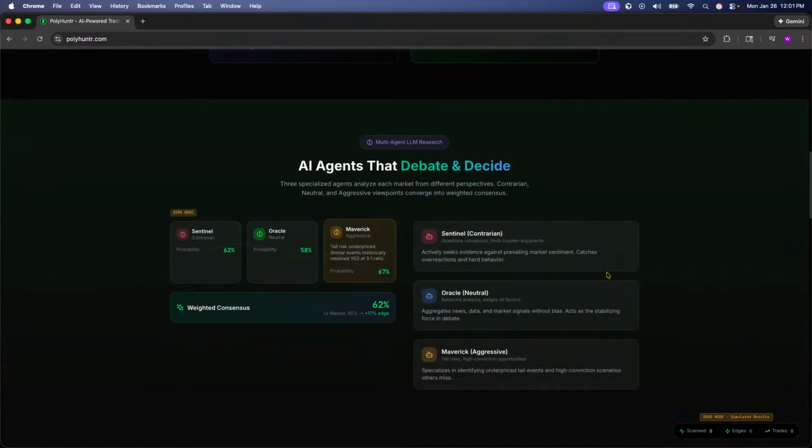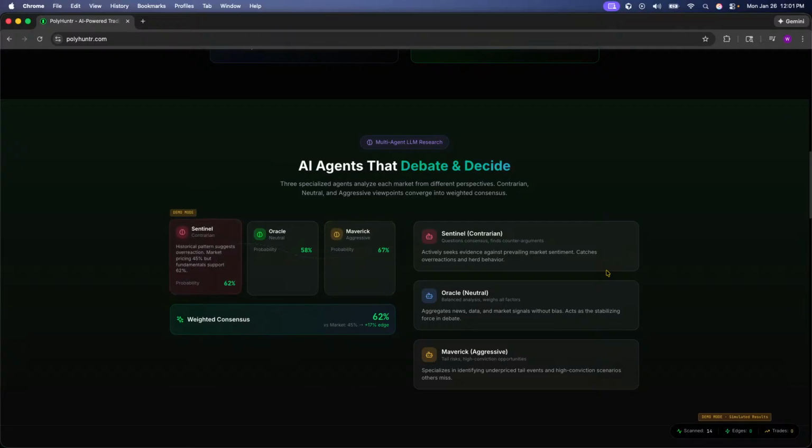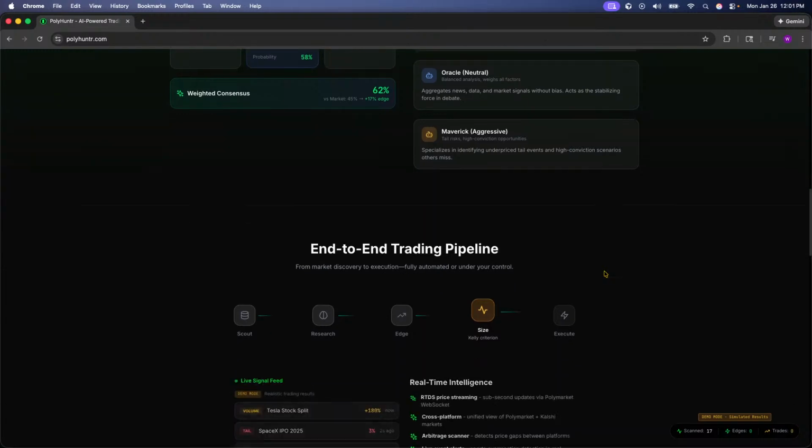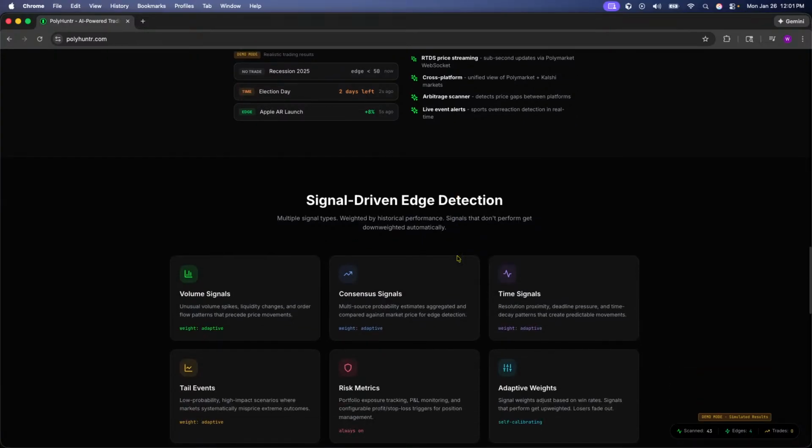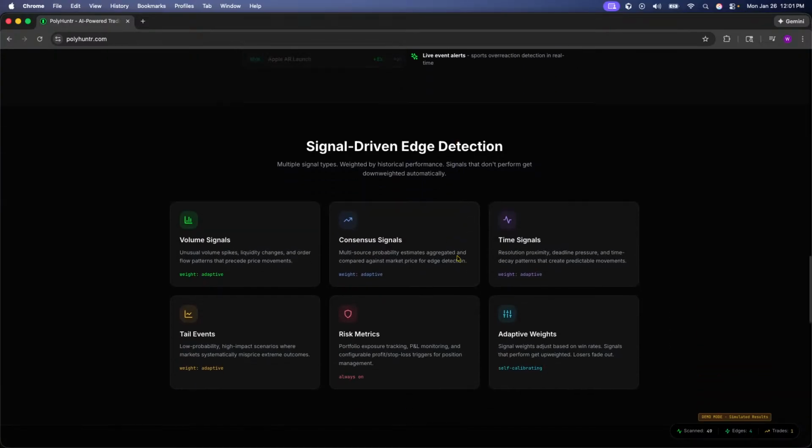AI agents debate and decide. Bruv, I can definitely help with this, now that I have a little more contextual concept. Scout, research, edge, size, execute. So the scout agent is going to go... Okay, bruv. Consensus signal, time, trail, risk, adaptive risk.